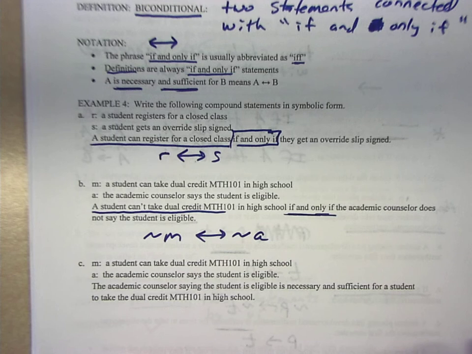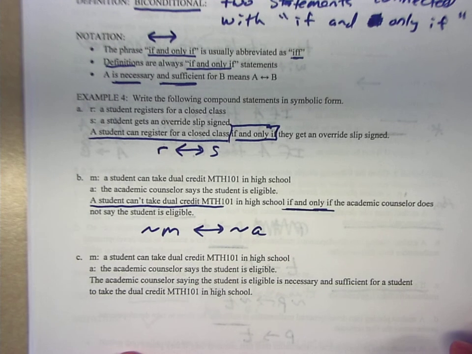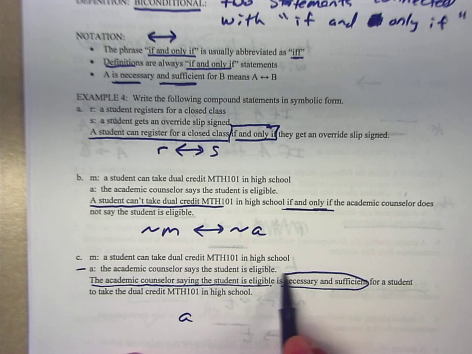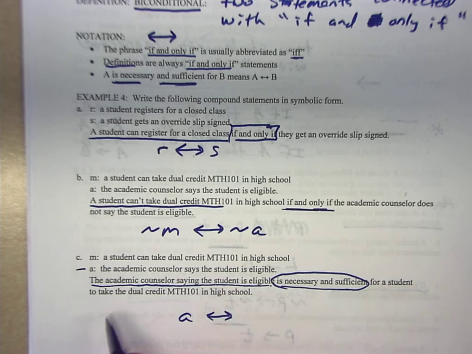Hopefully this is making some sense. And then for the very last example, the academic counselor saying the student is eligible. So that's A, right here. Is necessary and sufficient is another way of saying if and only if. A student takes dual credit math, so that's M.